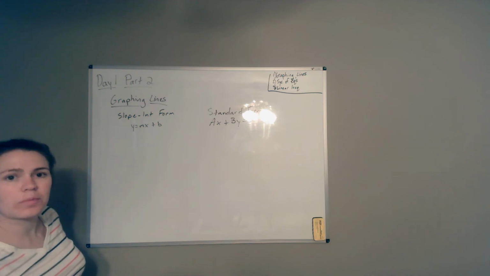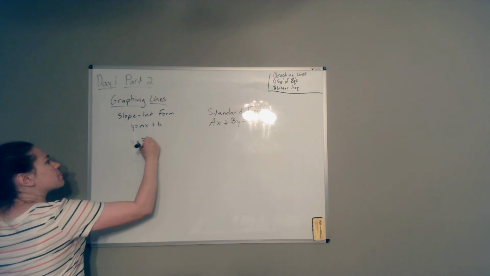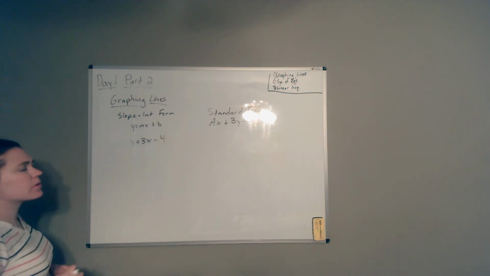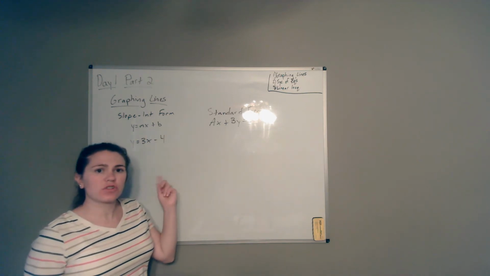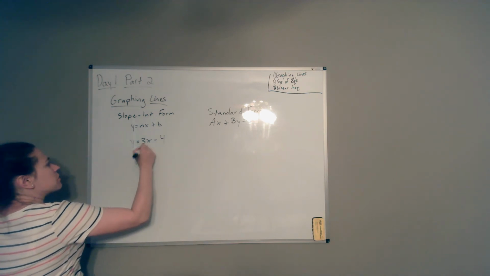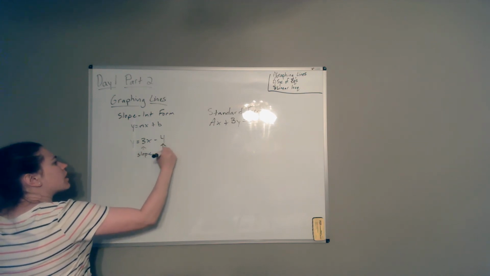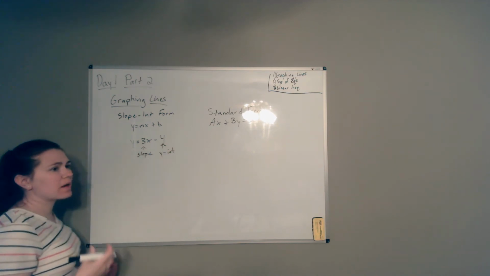When you're in slope-intercept form, for an example, okay, here's slope-intercept form. The advantage of being in slope-intercept form for a linear equation is that you can pick out what the slope is and what the y-intercept is. So what's so important about that?